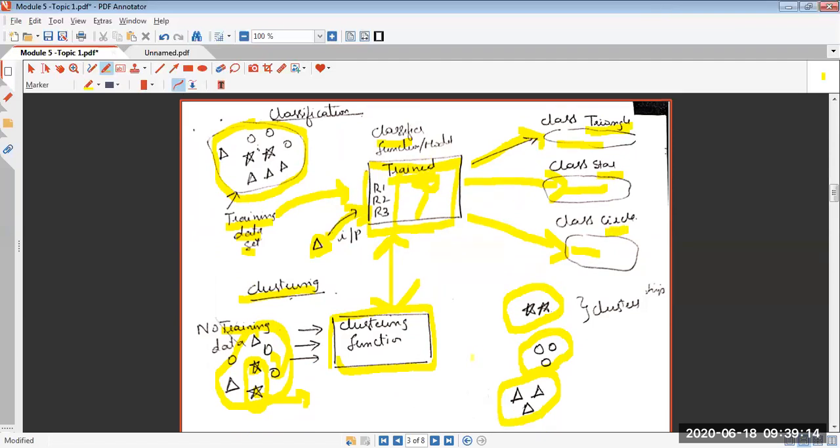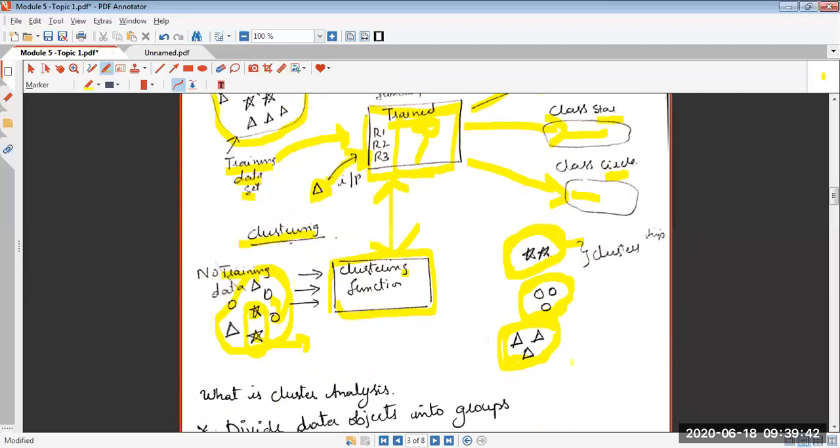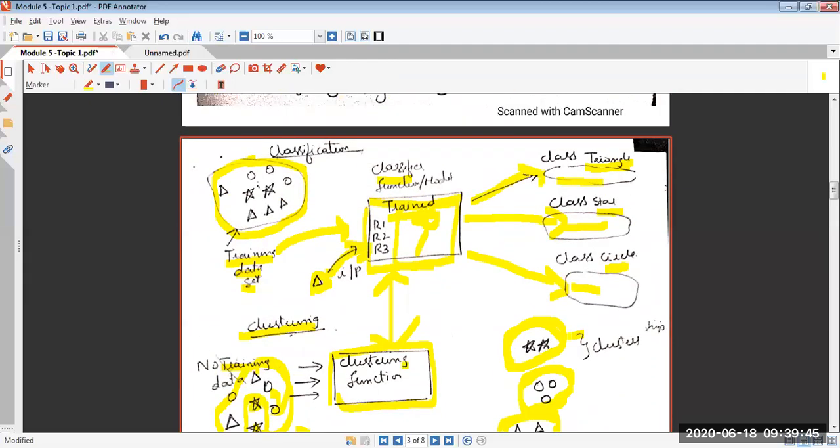But here, no such information was given in clustering. The clustering algorithm on its own decided that these objects should come into one cluster, the two stars. The three circles should go into cluster B. The three triangles should go into cluster C. This decision was made by the algorithm itself, and it will also give the labels appropriately. So this was clustering. I hope you understood the difference between classification and clustering.